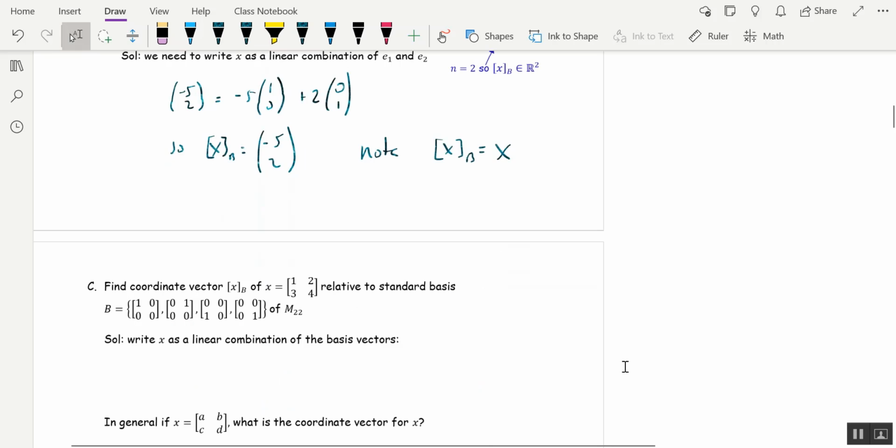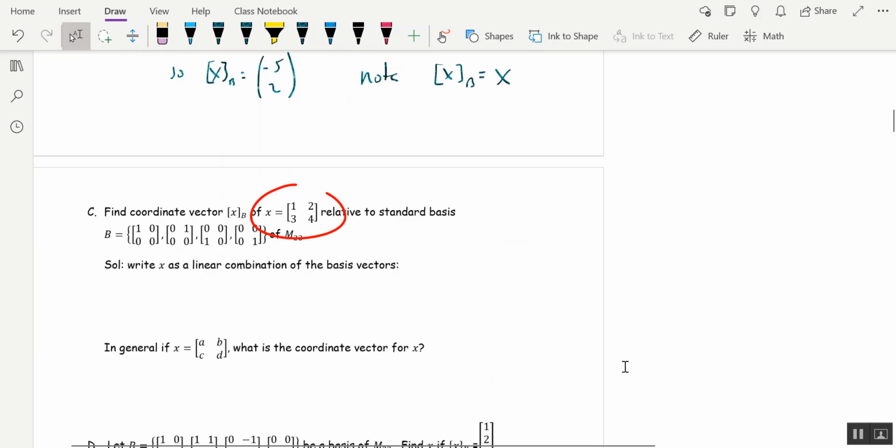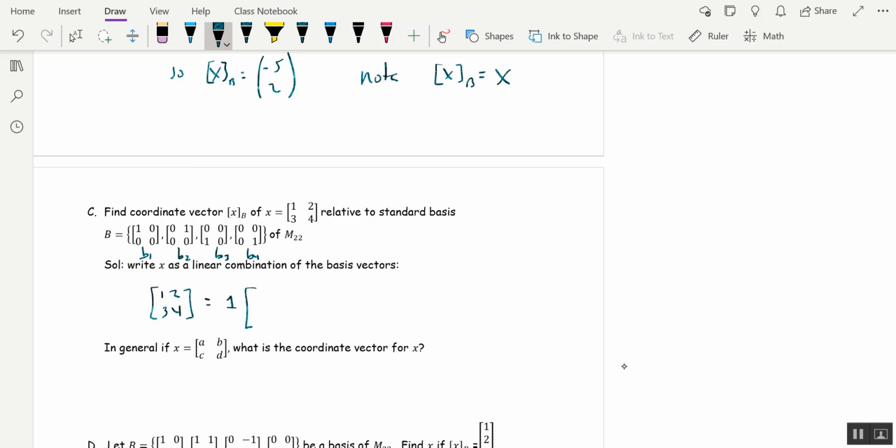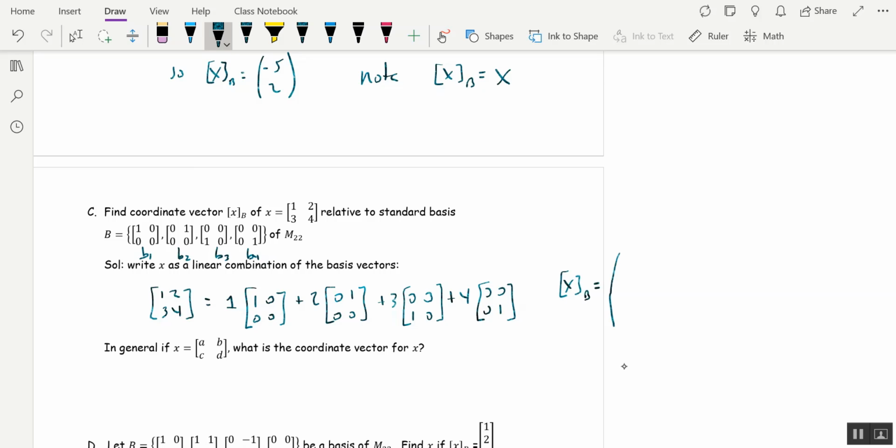All right, find the coordinate vector of this matrix [1 2; 3 4] relative to the standard basis of M2,2. So we need to write [1 2; 3 4] as a linear combination of B1, B2, B3, and B4. All right, well, that's pretty easy. Take 1 times B1 and 2 times B2, 3 times B3, and finally 4 times B4, and that does it. x_B is the vector in R4, (1, 2, 3, 4).